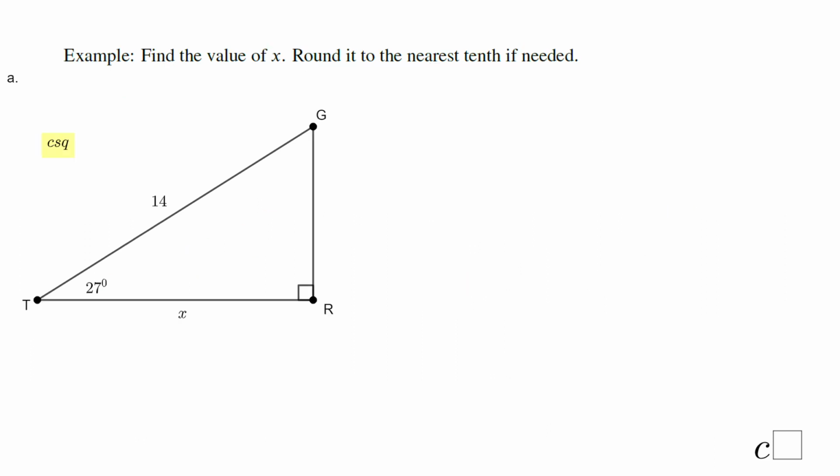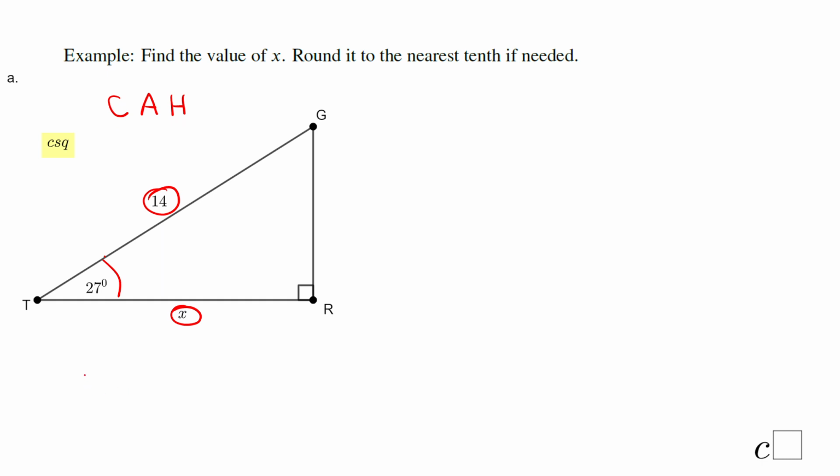Let's go to the next example. On this example, we notice what? We have the angle. We're looking for the adjacent leg, and we have the hypotenuse. So again, if you remember, I said adjacent, hypotenuse. Which trigonometric function uses adjacent and hypotenuse? That would be cosine.